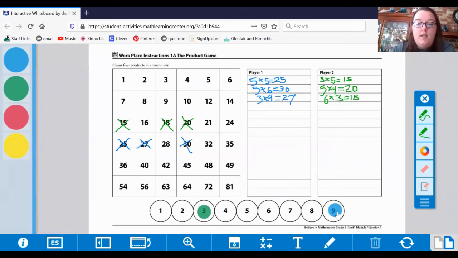So I have 9 and I have 3. What to do? Let's see. 9 doubled is 18. That one's already full. So this is what I was a little bit afraid of. I think we're going to end up having to do something a little wonky just to get us filled in here.